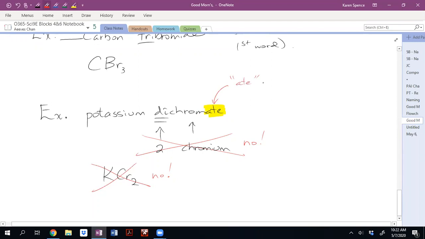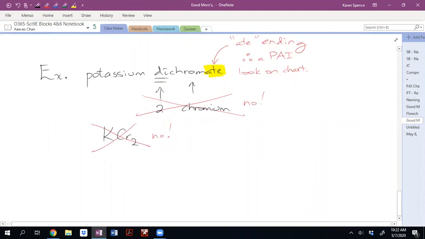Okay, if you see that ate ending, it must be a polyatomic ion, and so you're going to look on the chart. It's not two chromates. Dichromate is not two chromates. You're going to actually look under D for dichromate. So let's go on our polyatomic ion chart.